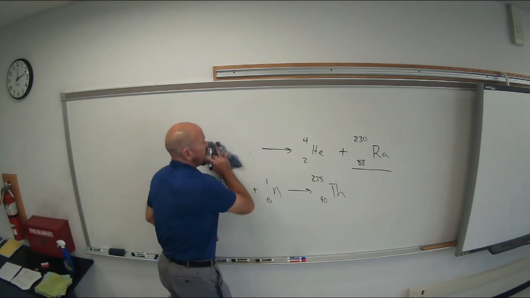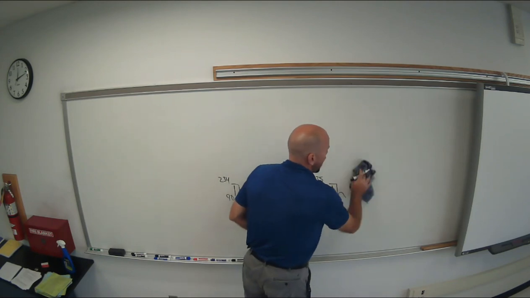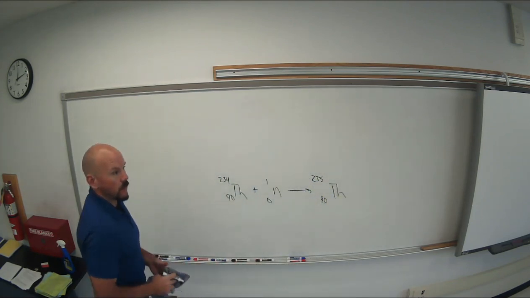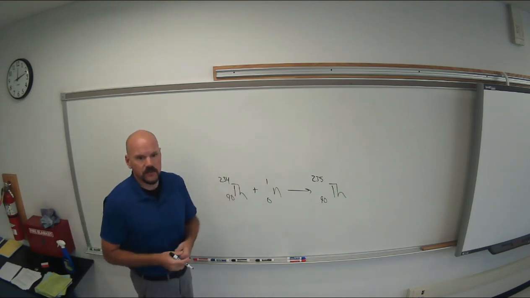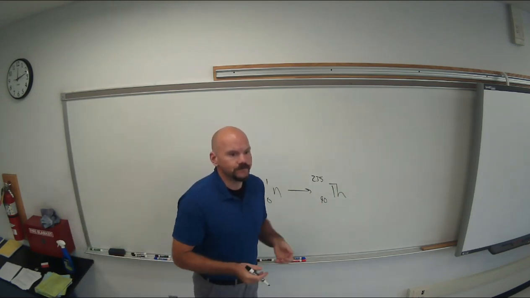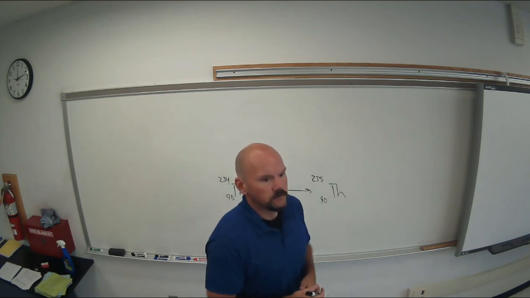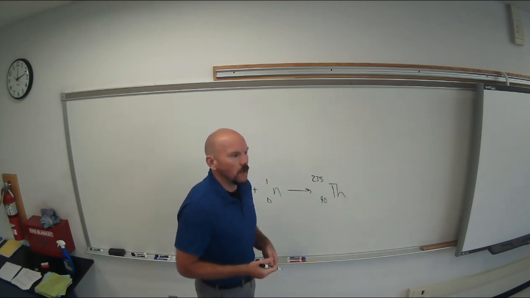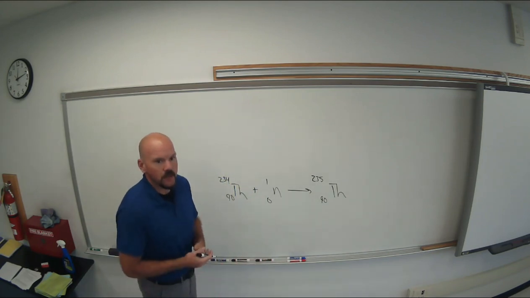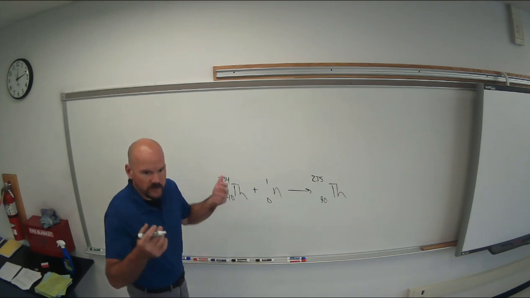So let's keep going. What if I said something underwent alpha decay and beta decay? Okay, let's say, again, it could be anything. I could say polonium-208 undergoes beta decay and alpha decay. So let's do that.